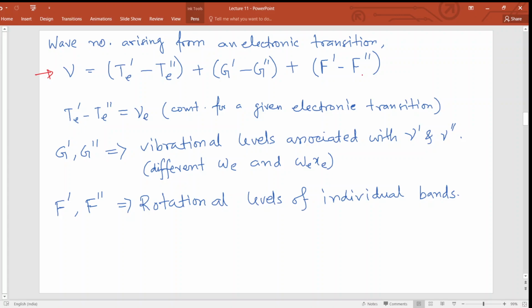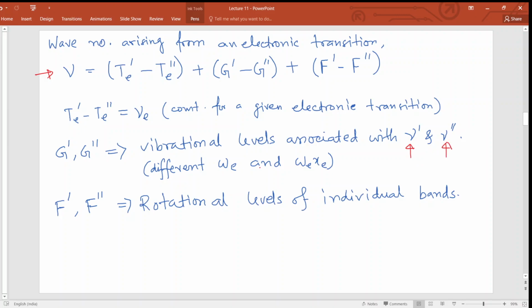Okay. So T prime minus T double prime, that is nu e, we mentioned it earlier. So it is constant for a given electronic transition. So these are electronic energy levels. Okay. G prime, G double prime, they actually indicate different vibrational levels which are associated with quantum numbers, let's say nu prime and nu double prime.